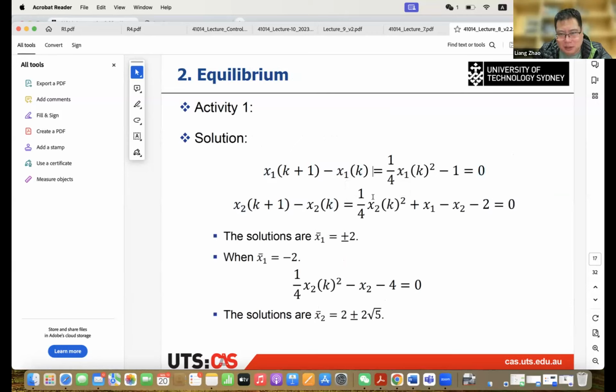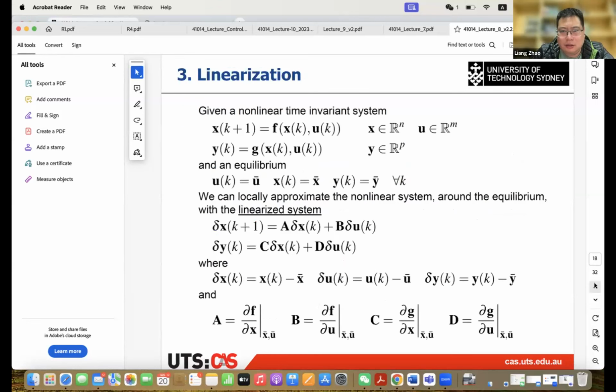Then you solve those two equations and you'll find the equilibrium points. Once you have those, suppose you have two equilibrium points, then you can do this linearization.